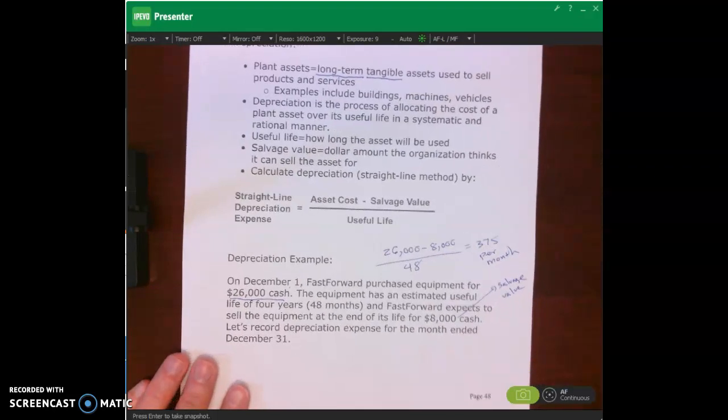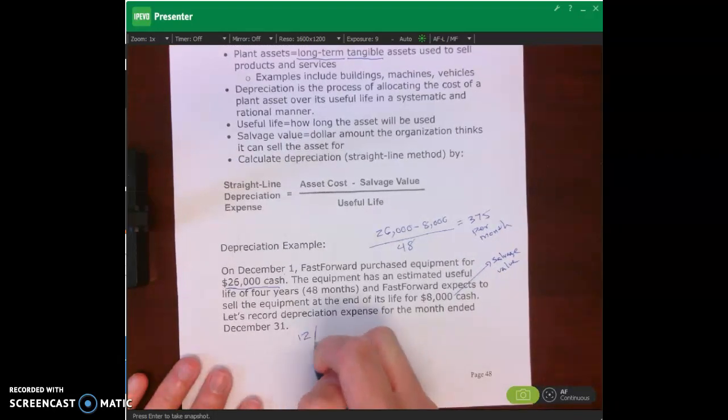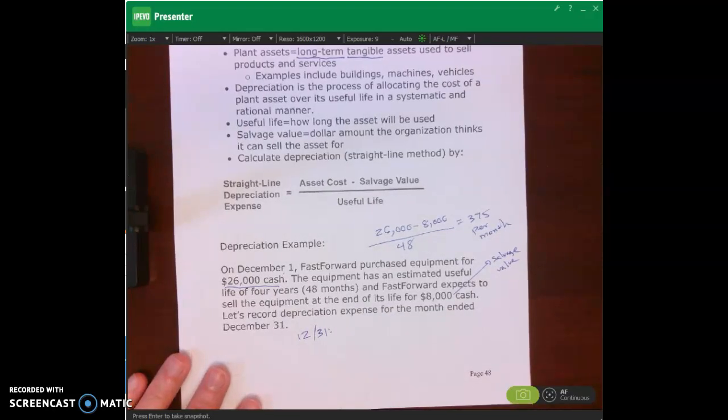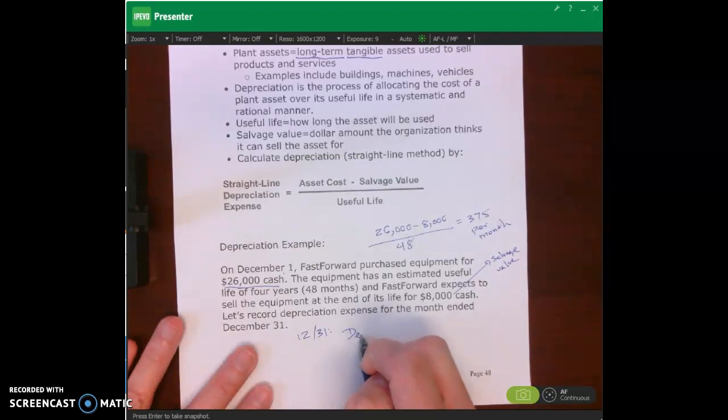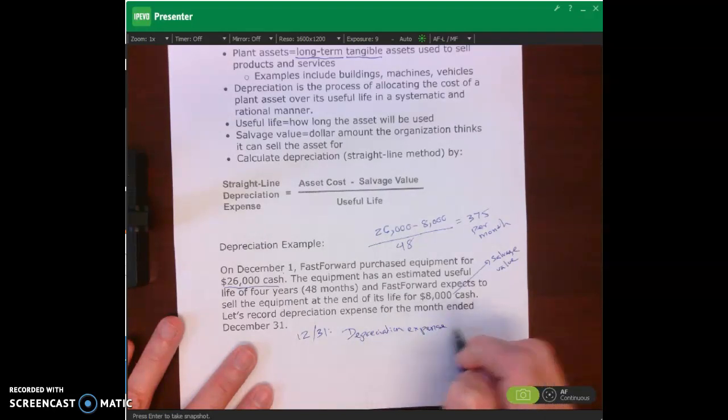Okay. So then my journal entry on 12/31 to recognize depreciation expense is debit depreciation expense, in this case for $375 because that's 1 month.